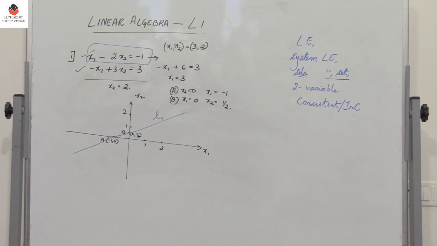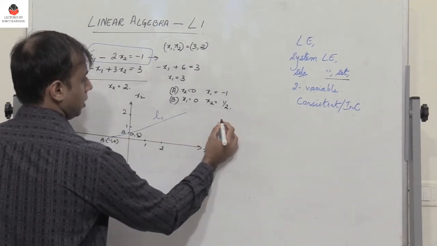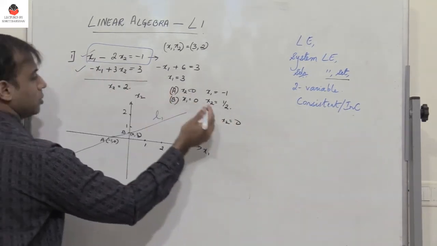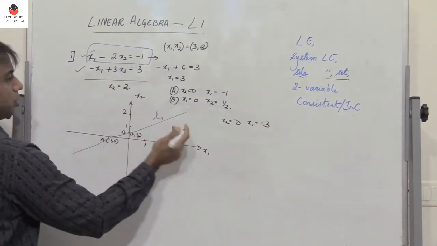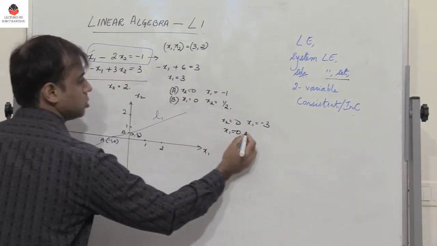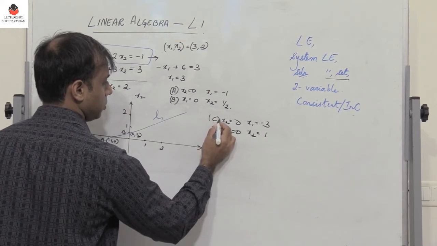Now similarly, let me find two points on the line L2 which touch the axes x1 and x2. If I put x2 equal to 0 in the second equation, I get x1 equals minus 3. Similarly, if I put x1 equal to 0 in the second equation, I get x2 equals 1. So let these be point C and point D here.